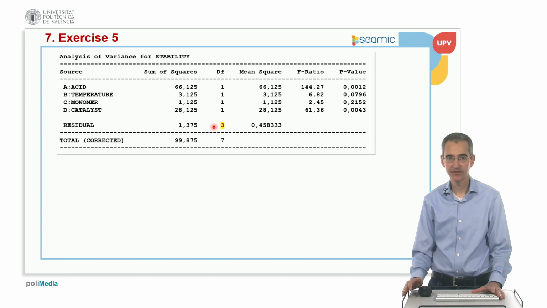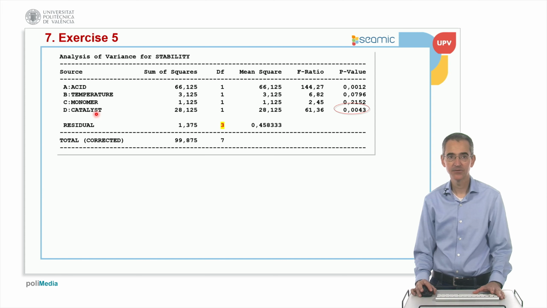Remember that this is not enough. The minimum required to get reliable results is 4. But we can see that this p-value is much bigger than 0.05, which means that the concentration of monomer has not a relevant effect. So we remove that factor from the ANOVA and then we repeat the table.